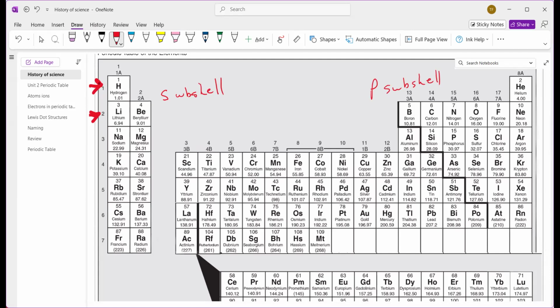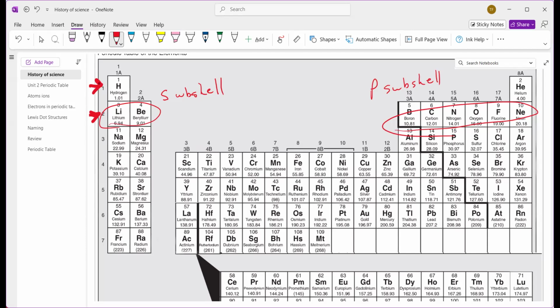This is the S's, and these are the P's. Again, those are just in certain statistical areas around the nucleus.